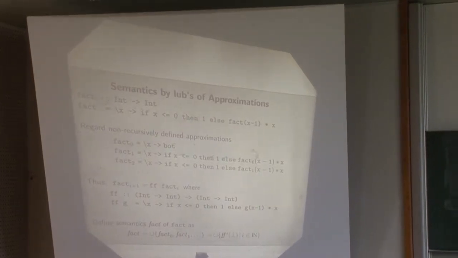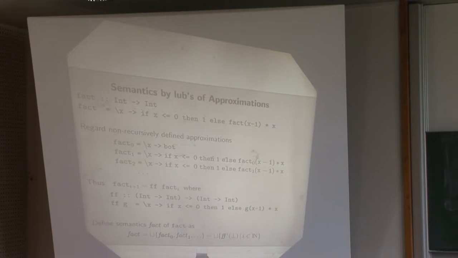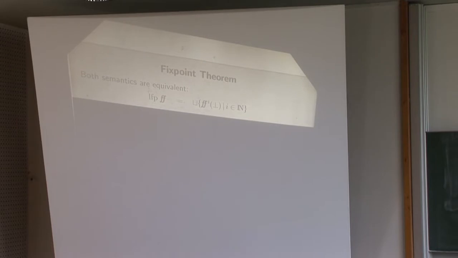Now that's one way of defining it. And the other way of defining it is the following. Instead of building this chain and taking the least upper bound, we instead take the least fixed point of this function ff. If you recall how ff looks, ff is just like the definition of fact.